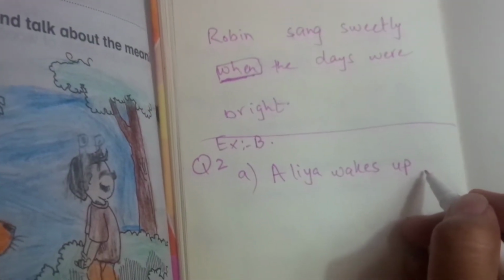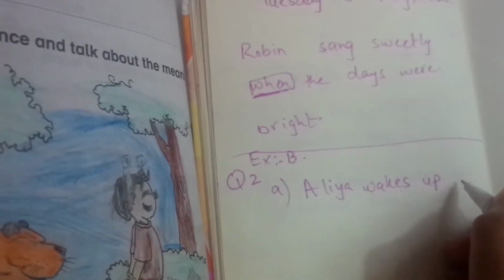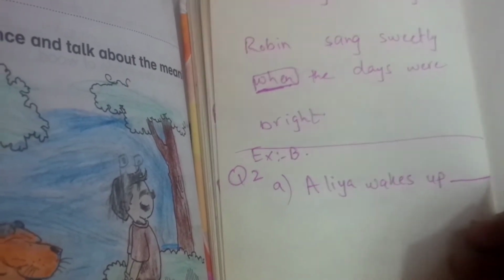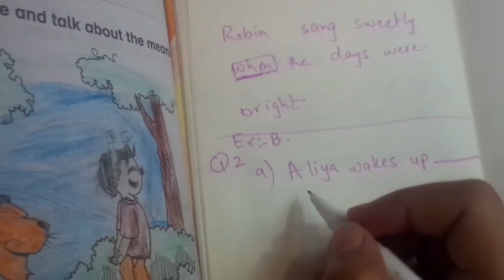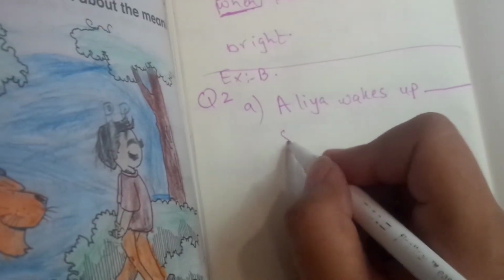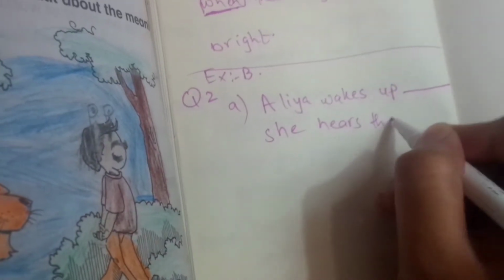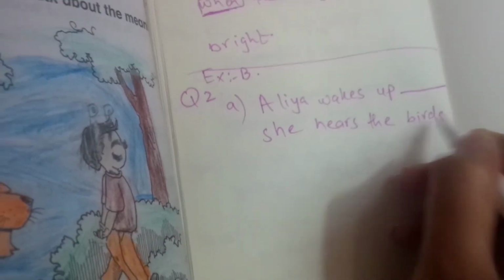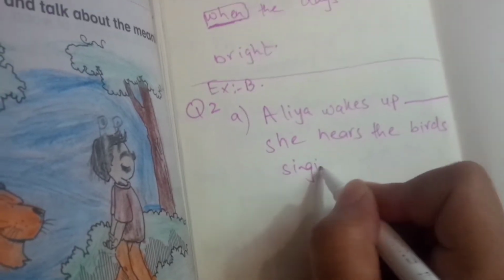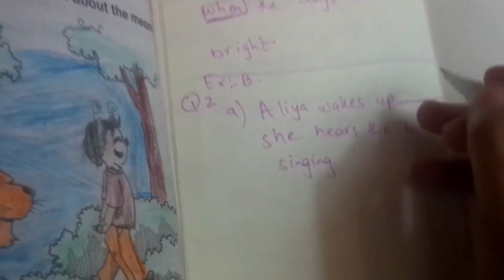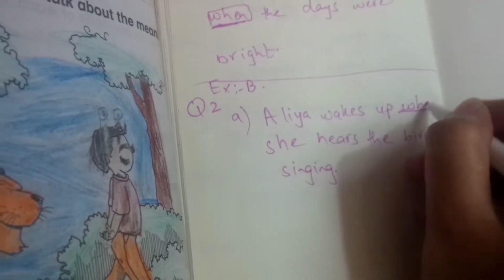See, this is the first part of the sentence, and I'll leave some space in between. She hears the birds singing. Now we have to join these two sentences by adding "when" in between. So I'll just write "when" over here.